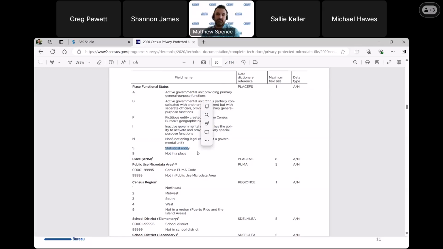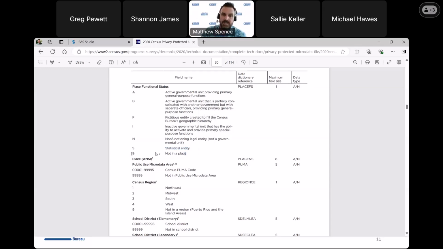So, if you live in an unincorporated part of your county, you might be part of a census designated place, because that is a nice boundary that comports with local knowledge and local boundaries, and gives us a nice little neighborhood or a feel, even though it might not technically be an incorporated place.